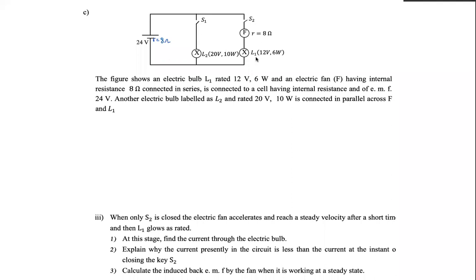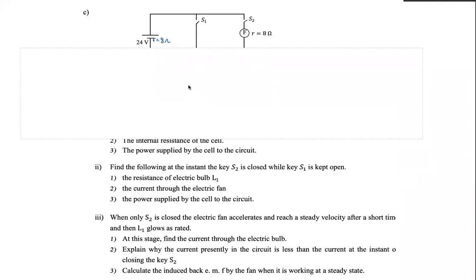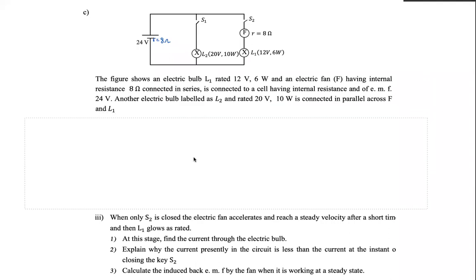Explain why the current presently in the circuit is less than the current at the instant of closing S2. Earlier question also you closed S2, wasn't it? Number 2. Let's read this again. When only S2 is closed, the electric fan accelerates and reaches a steady velocity after a short time, and then L1 glows as rated.